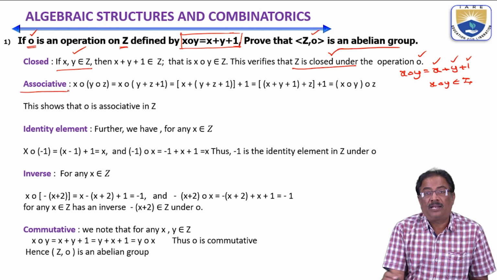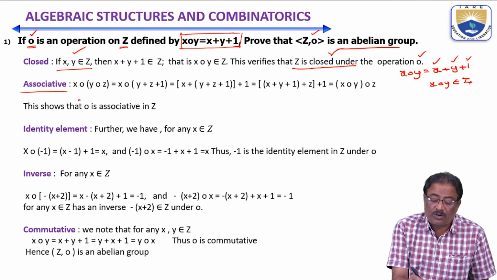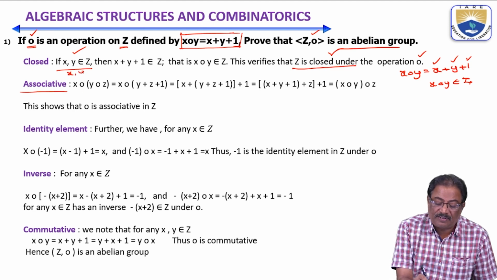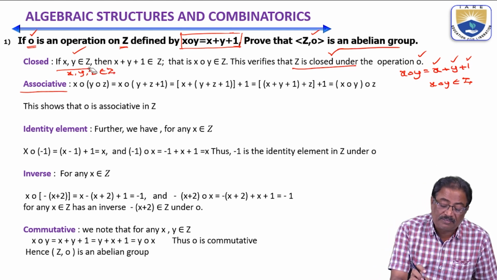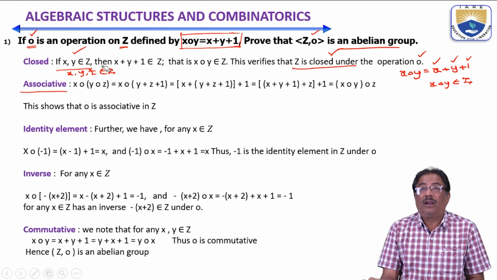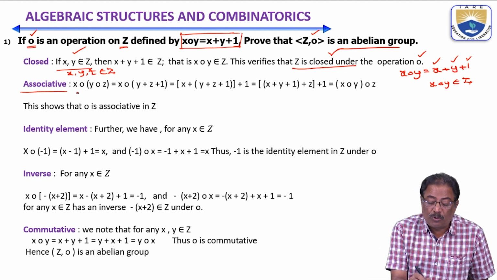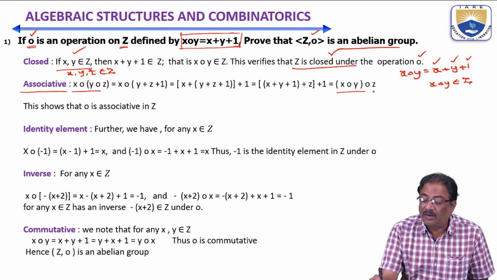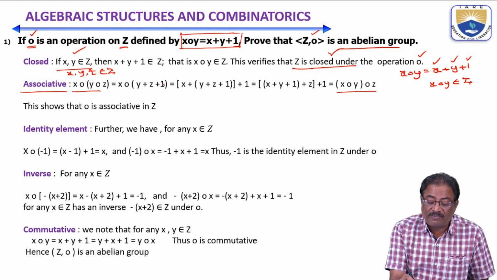Next we are going to prove associativeness. For that we take three elements. Let us consider x, y, small z belongs to the integer set capital Z. Then we are going to prove that (x circle y) circle z is equal to x circle (y circle z).